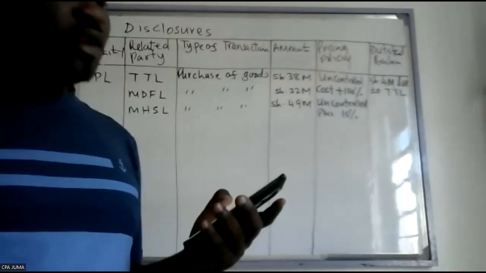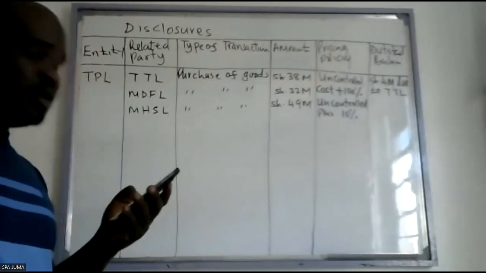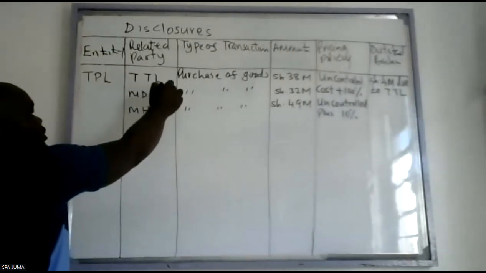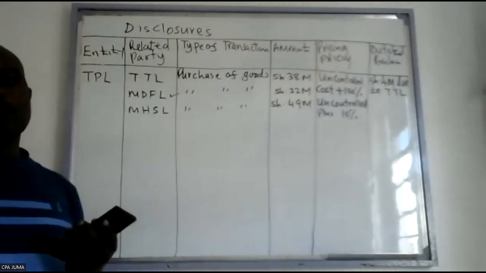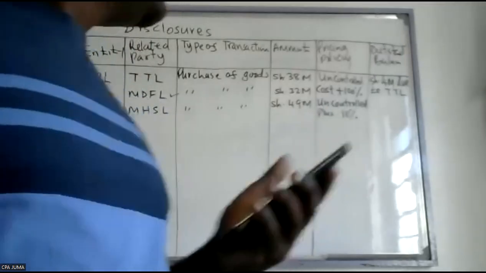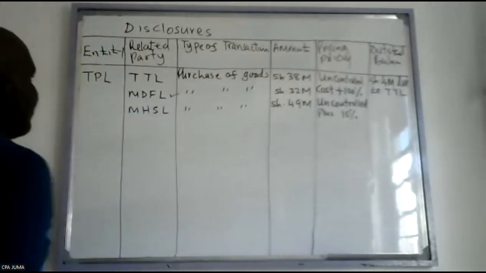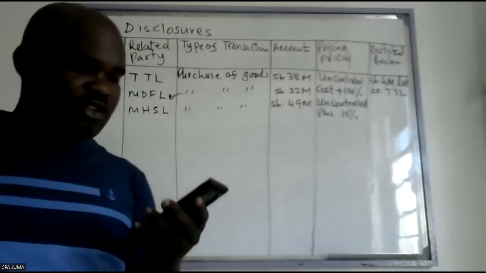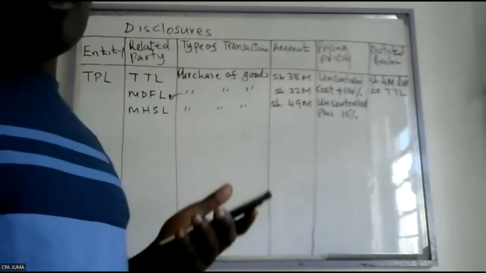Then the other one, shillings 3 million due to MDFL. Then let's go to the last one, that is 5 million.